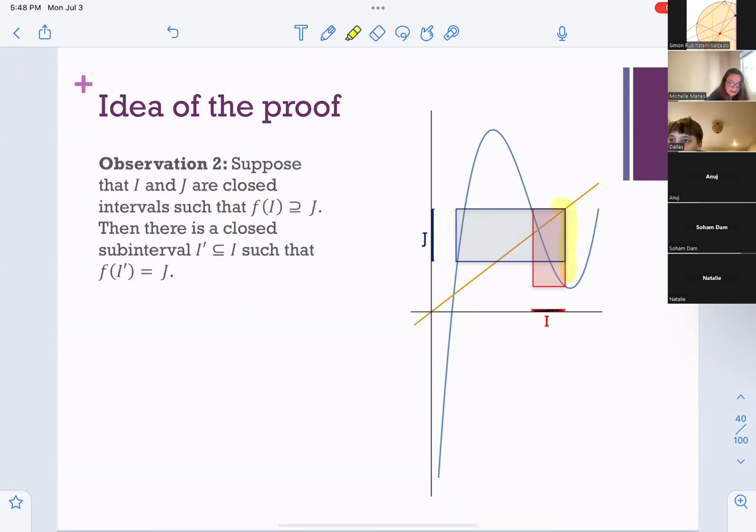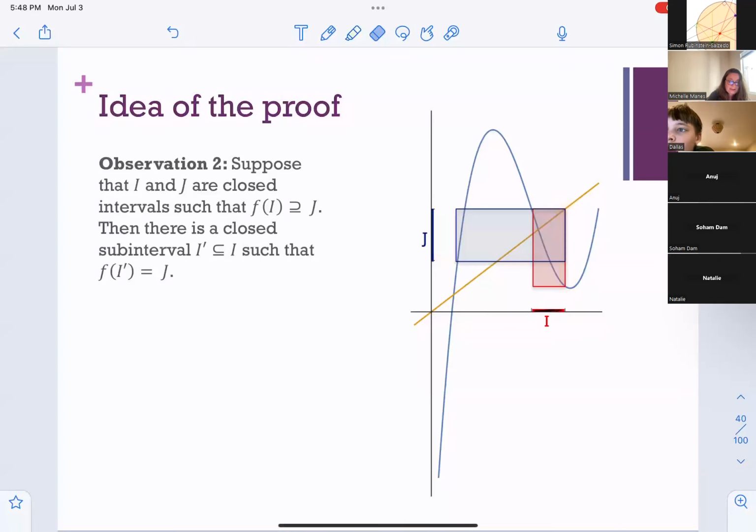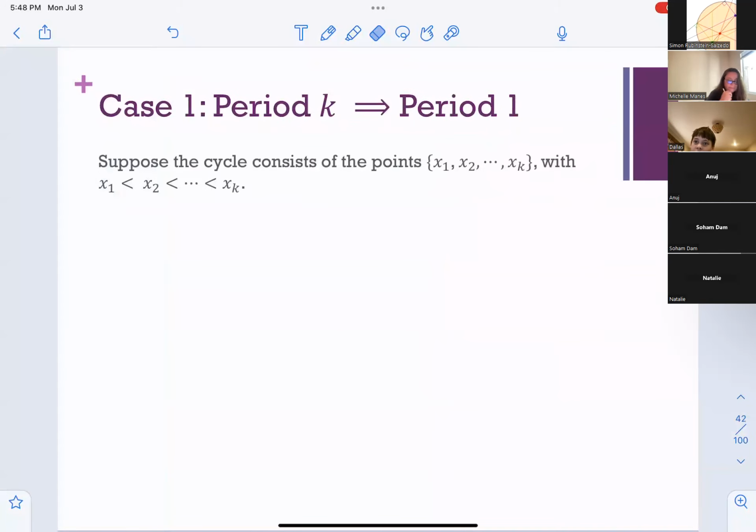So here's f of I, those y values, and j is inside of that. Then I can just shrink I down so that it's an exact match. In other words, if the y values of I more than cover j, I can shrink I down a little bit so that it exactly covers j, so that I get it on the nose. Those are my 2 observations.